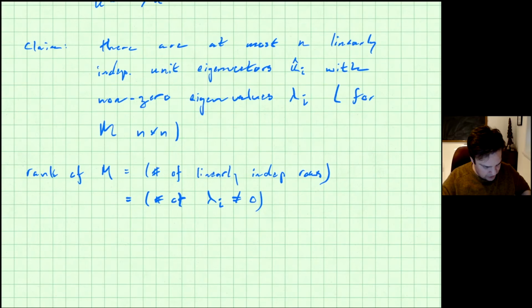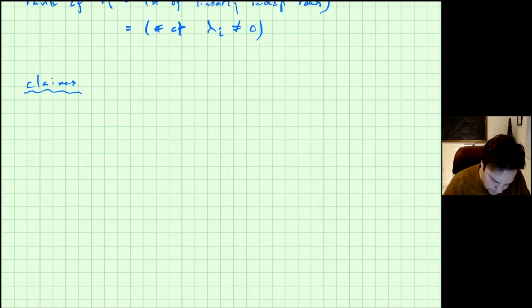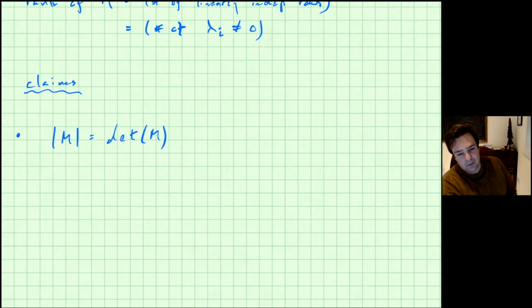Okay, now I'm going to finish today with a series of claims that are relatively important. We'll show a little bit about them, but let's just lay them out here. The first claim is that the determinant of a matrix M, which is written in two different ways, you either write it with vertical bars around M, or you write det of M. That's the more old-fashioned version from before people had access to all kinds of special symbols.